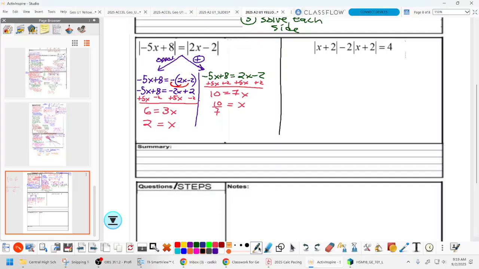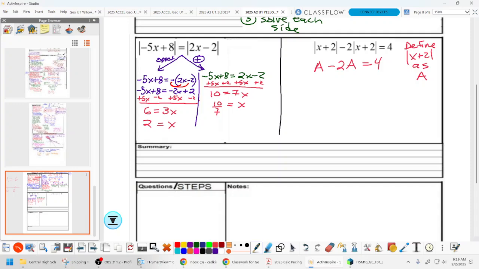So here's what I mean. If we think of absolute value, define absolute value of x plus 2 as, I don't know, call it a. Do you see how we have a minus 2a equals 4 then? Okay, now we combine our like terms.